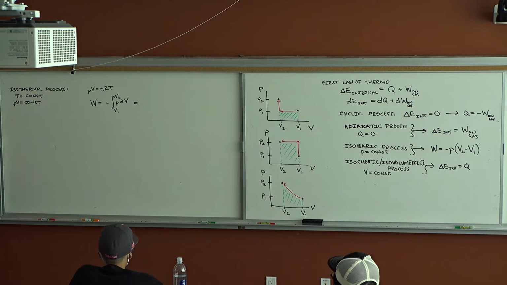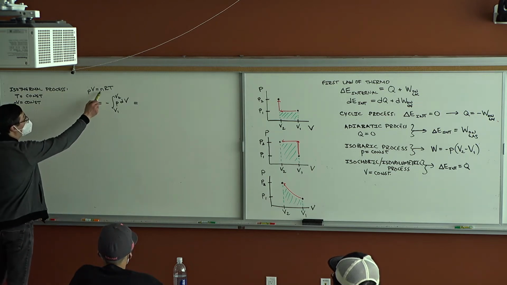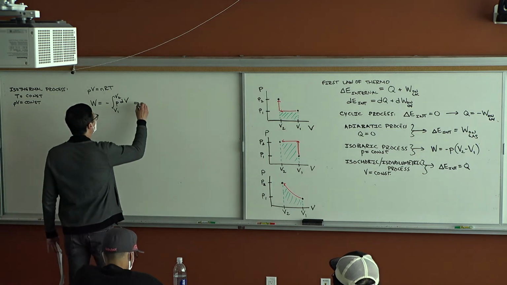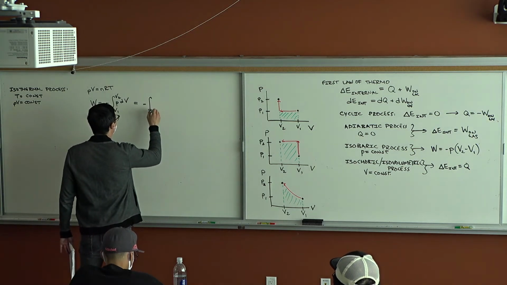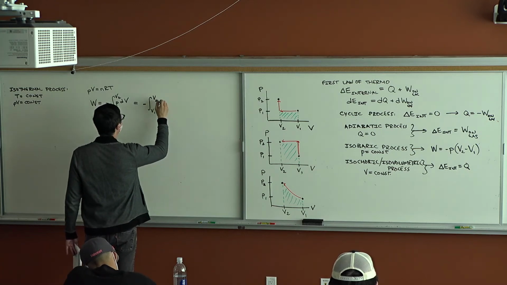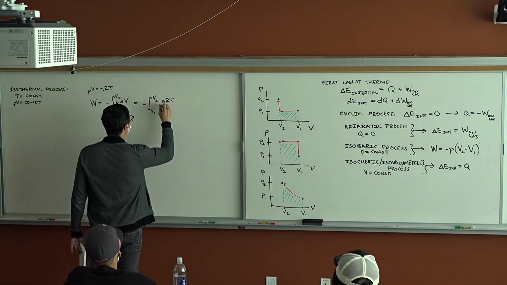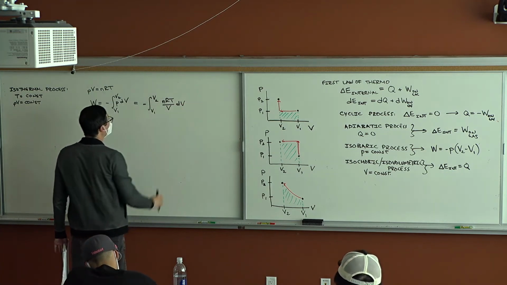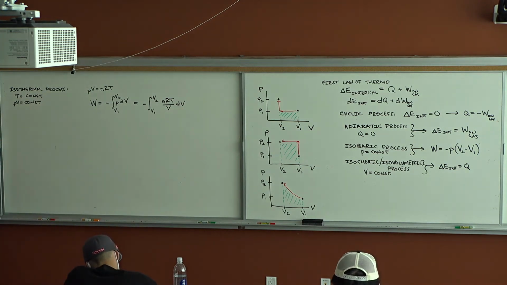Not F over A, just write it as nRT over V. But nRT is constant, right?